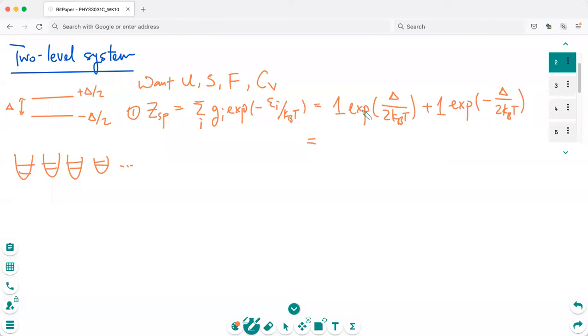If you have e^x plus e^(-x), this is a hyperbolic cosine, and therefore I will have 2 cosh x. So this is 1.